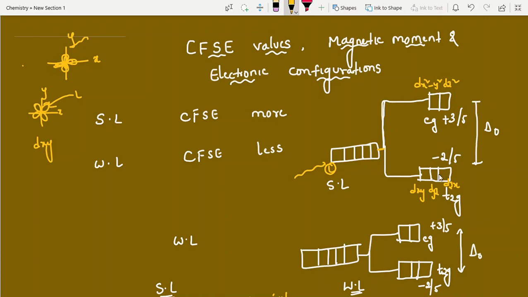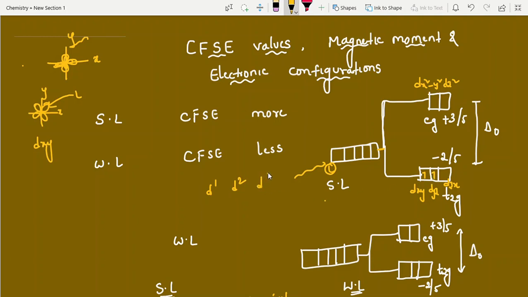Next, filling electrons. I am explaining here only. After that, I will give you a table, students. Once you look into the table, you can easily understand the remaining points. Suppose one electron is there, a d1 configuration: it will fill here.